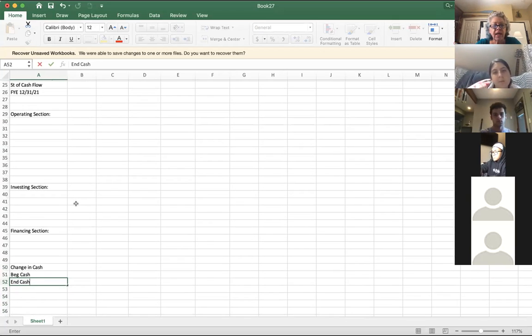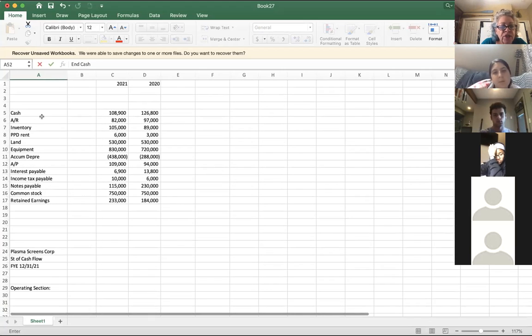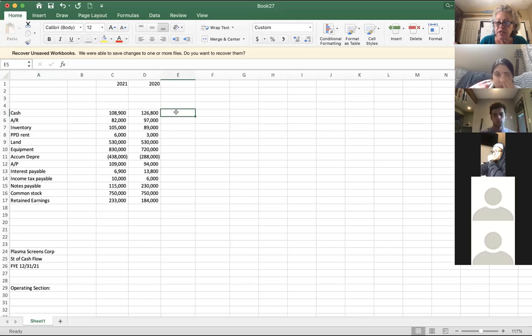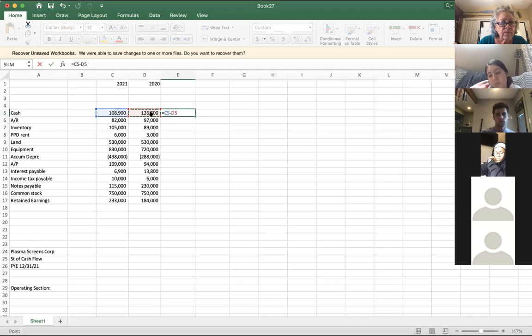And we're going to look at how the change in every account that I can put somewhere on that statement of cash flows and get it to come out correctly. So what I want to do is figure out what is delta cash, delta accounts receivable, inventory, etc. So equals 21 minus 20, and I know that cash decreased $17,900.